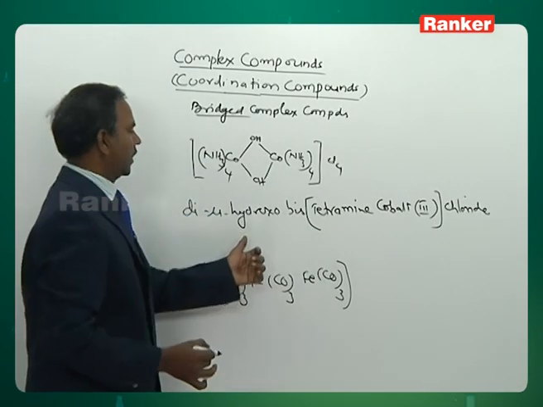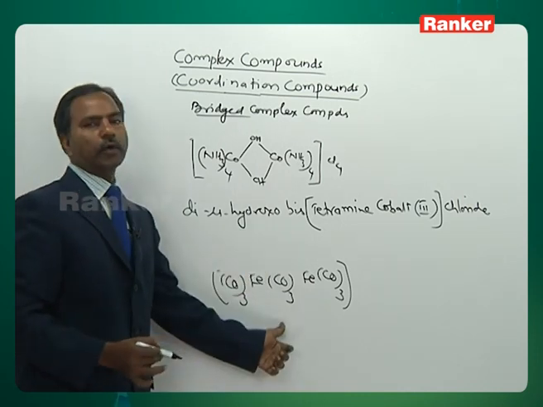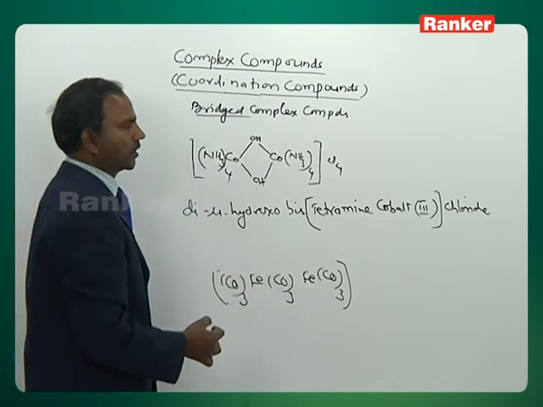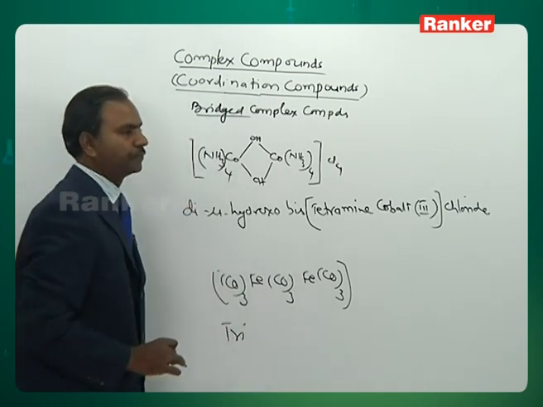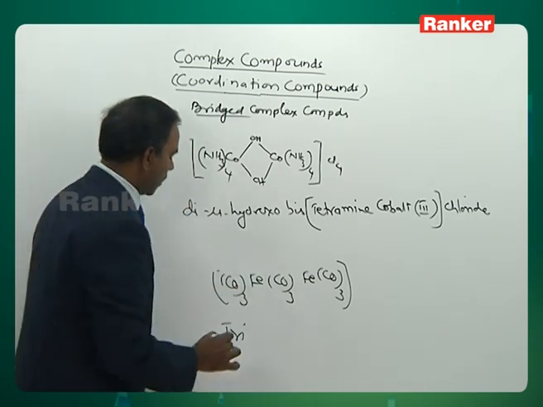So according to what I said, first you have to show the number of bridges. How many bridges are there? 3. Let me write first tri, 3 bridges. What are bridging? Carbonyl.